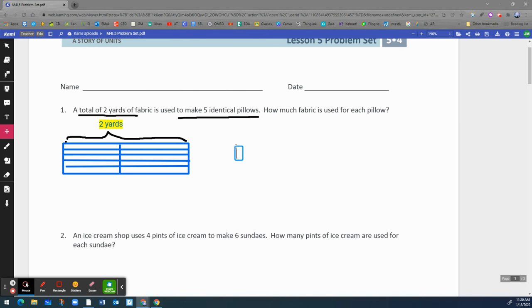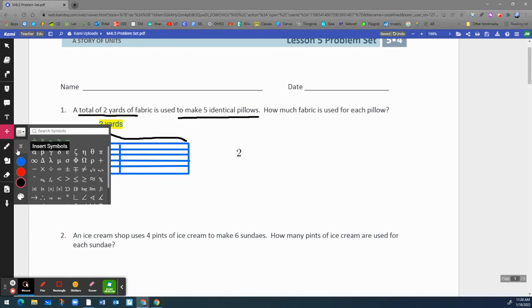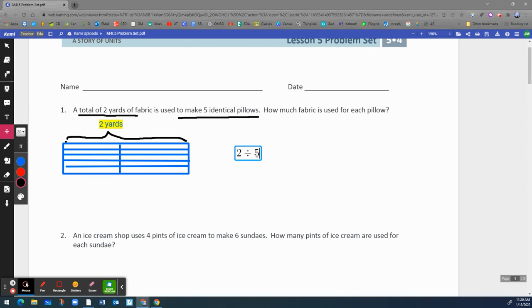All right, let's do the division now. The division says that you have 2 yards of fabric, and we have to divide it into 5 parts because we're making 5 pillows, and the answer will be 2/5, right? That would be simple.